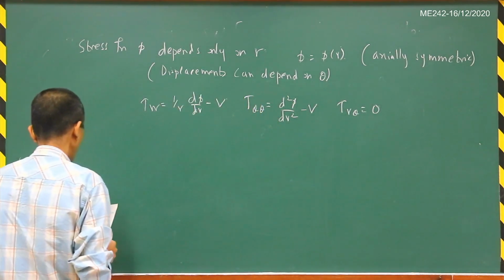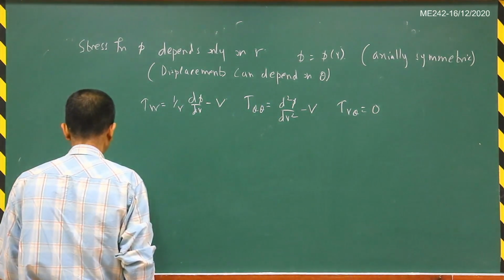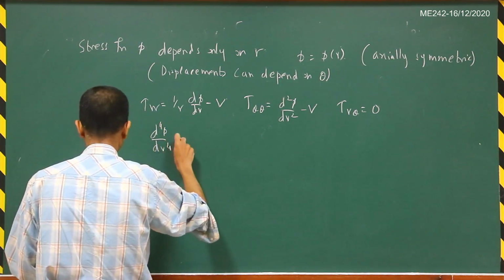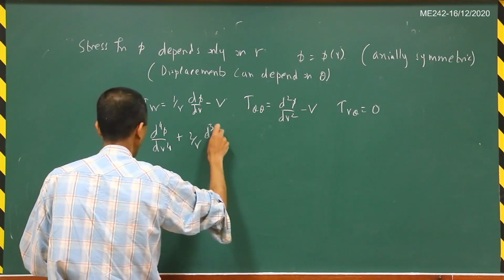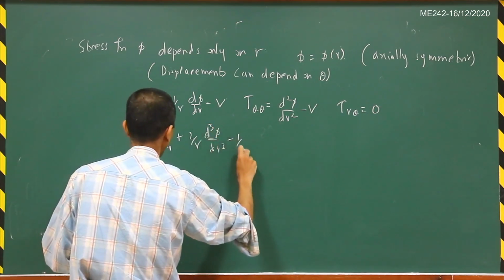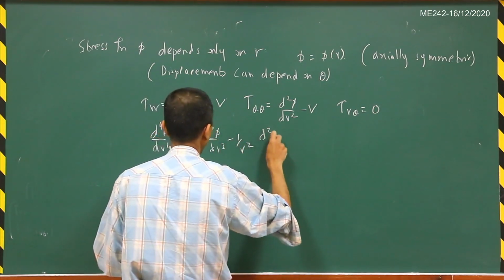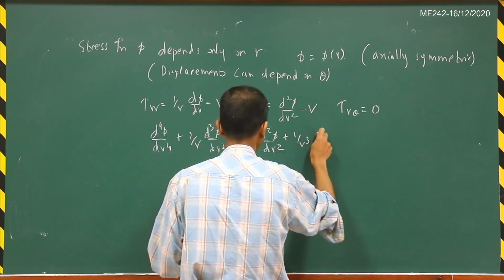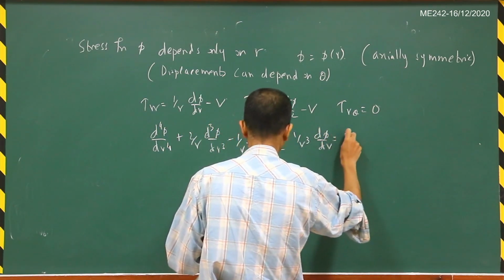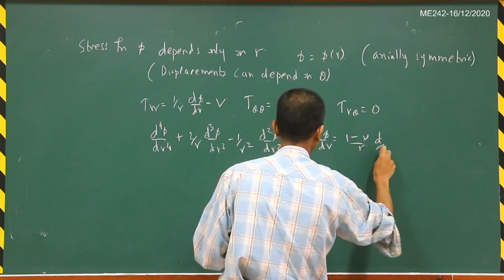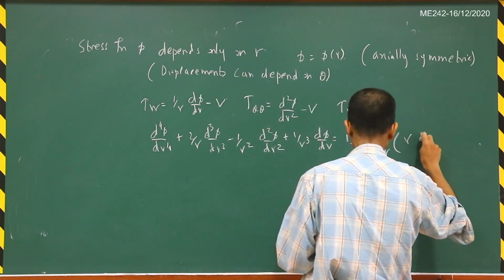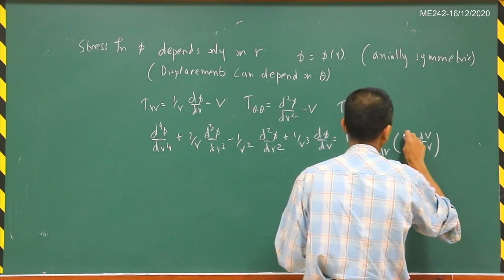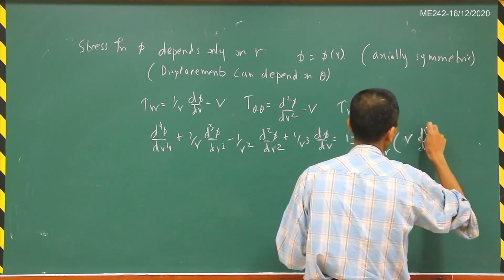Then the biharmonic equation will reduce to the following equation: d raised to 4 phi by dr raised to 4 plus 2 by r times d cube phi by dr cube minus 1 by r square times d square phi by dr square plus 1 by r cube d phi by dr is equal to 1 minus mu by r d by dr of r times dv by dr. So this v is the potential for the body force.